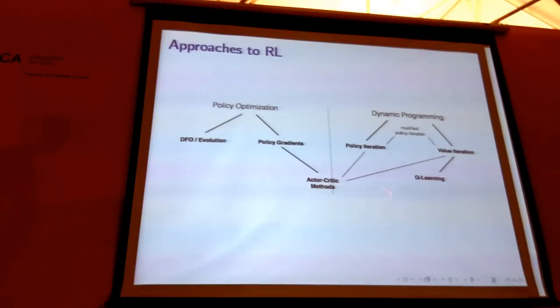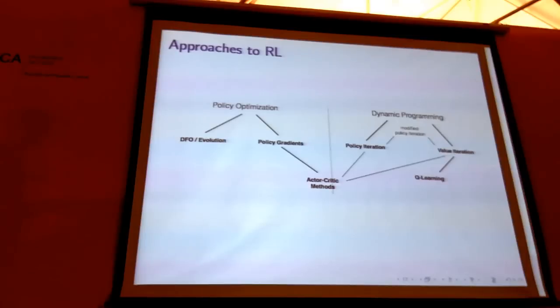Okay, and then lastly, there are these actor-critic methods, which are policy gradient methods, but they also use value functions, which are sort of the main objects considered in dynamic programming. So you've got value functions from dynamic programming, and you use them to help out policy gradient methods.